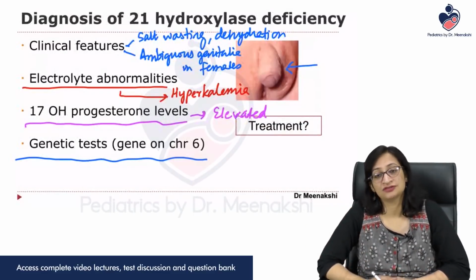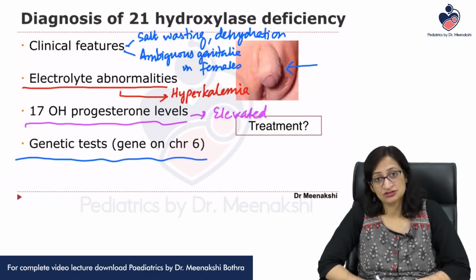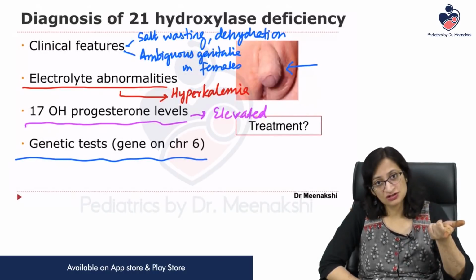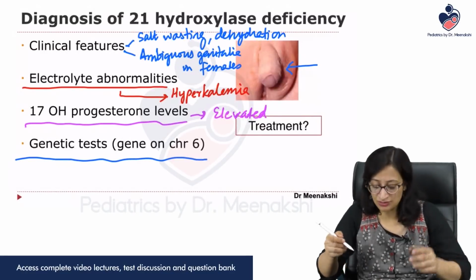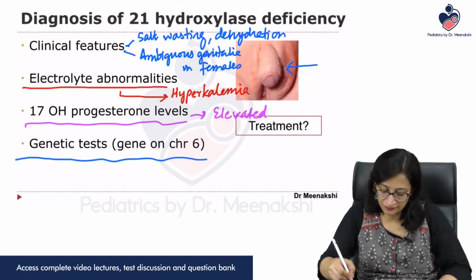What is the treatment of congenital adrenal hyperplasia due to 21-hydroxylase deficiency? What is deficient here? The mineralocorticoids are deficient and the glucocorticoids are deficient. So the treatment includes the use of hydrocortisone.